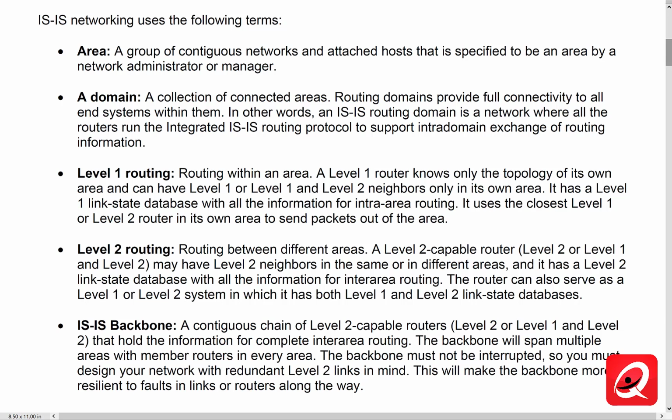It's going to then copy that prefix information from its level 1 database into the LSPs that are going to be generated for the level 2 database. All right. At that point now, we can create additional areas, and we would create those other areas in the same manner.